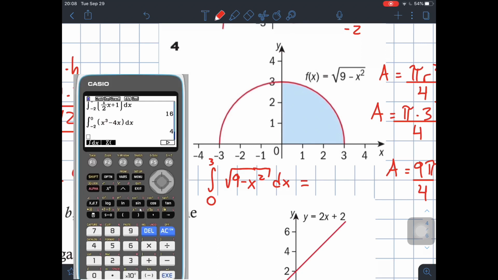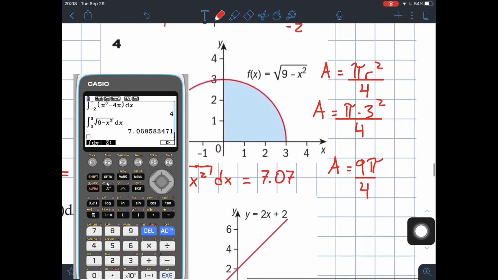And if we do this using the calculator, the integral of the square root of 9 minus x squared, we evaluate this from 0 to 3, and we get as a result this value, 7.07.